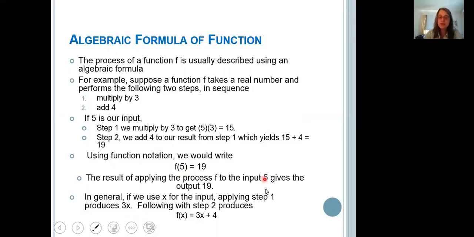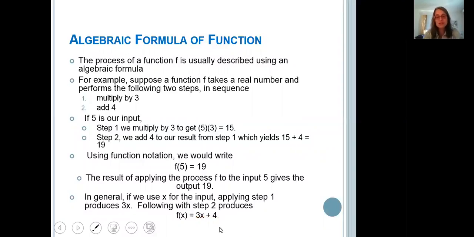We take the input of 5, we apply the process of our function, which we have named f, and that gives us an output of 19. We can write this algebraically by saying f of x means take x, multiply by 3, and add 4.